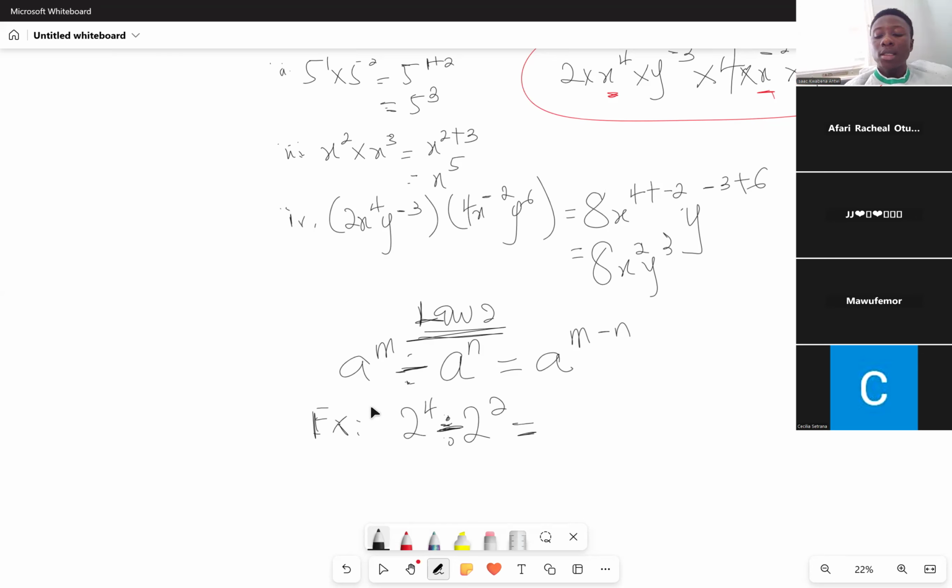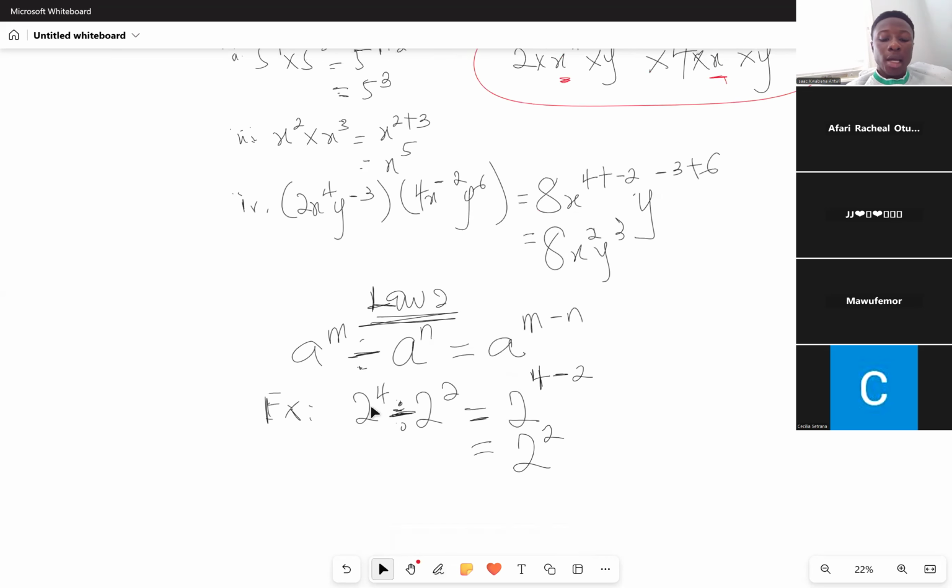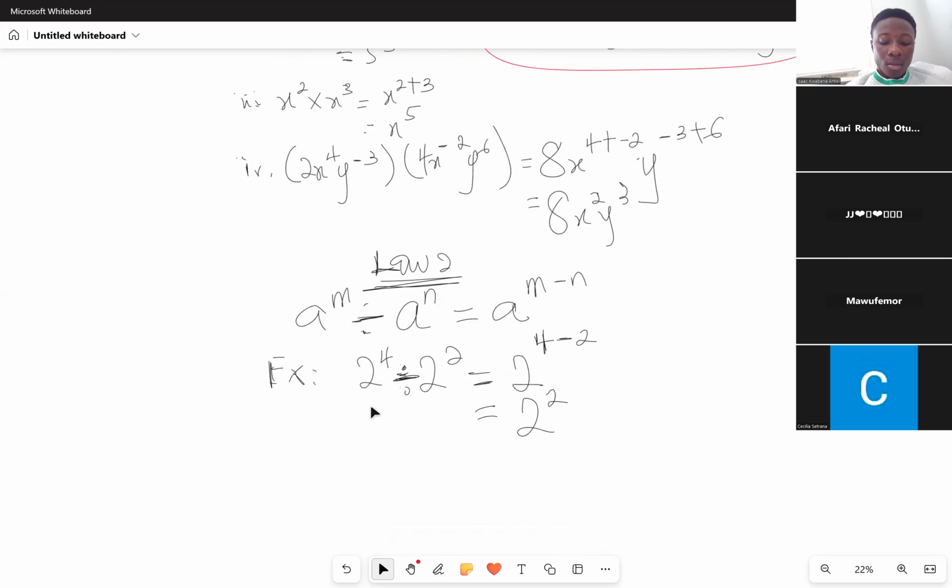And that's what matters. So you just pick one. Then we said if it's dividing, you subtract the power. So you have 2 index 4 minus what? 2. And that will give you 2 index what? 2. Yeah. Did everyone get that? Yes, sir.